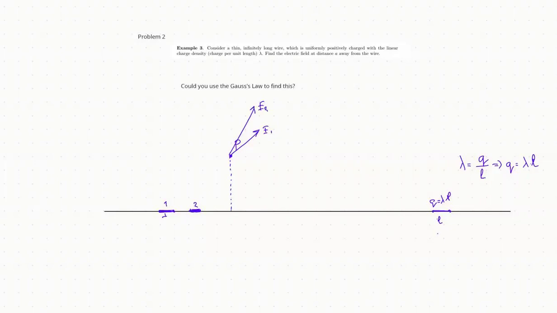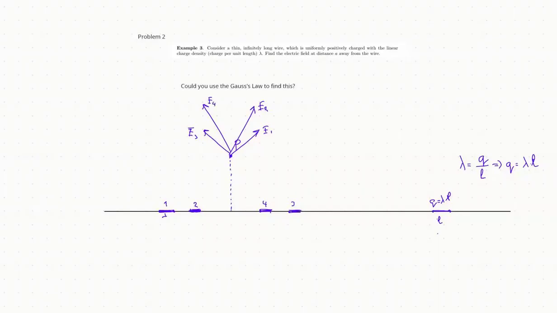But let's consider the mirror images of 2 and 1. Let's call them 3 and 4. Now 3 produces a field similar to E1, E3, and 4 produces a field like this, E4.